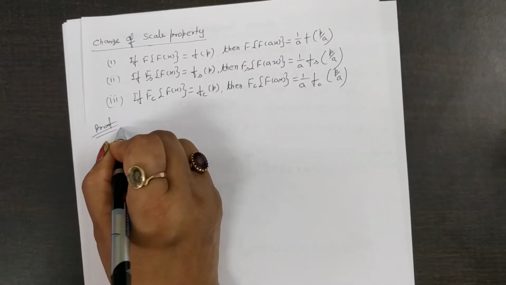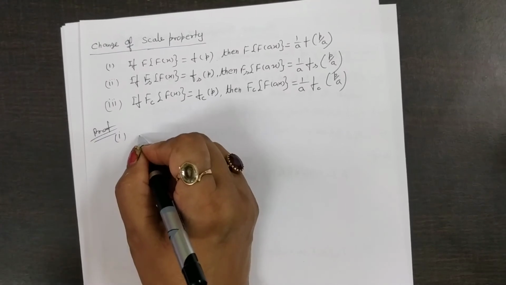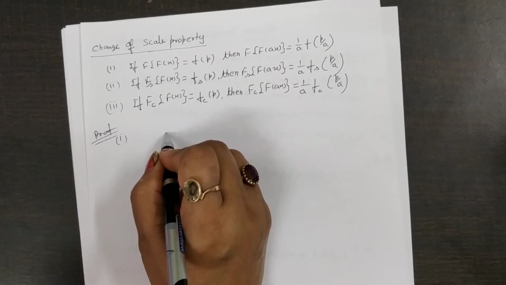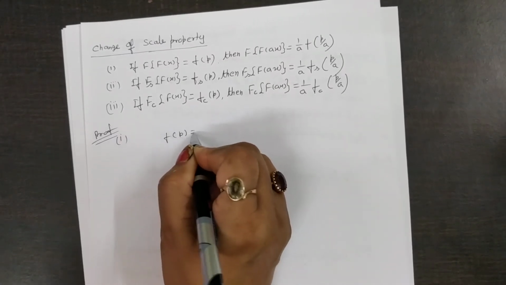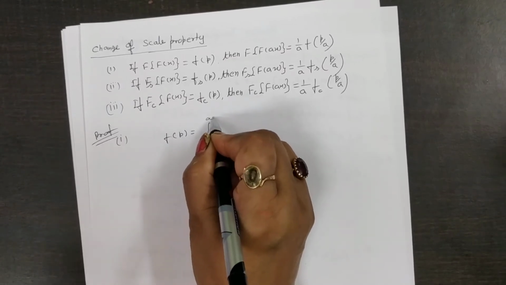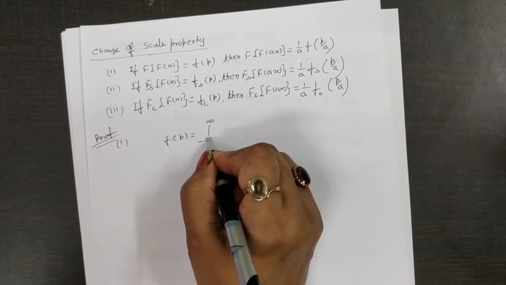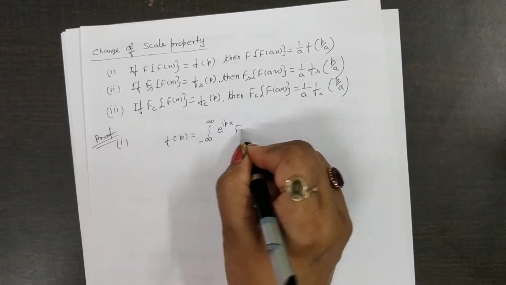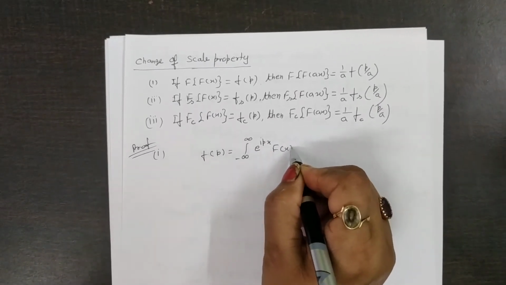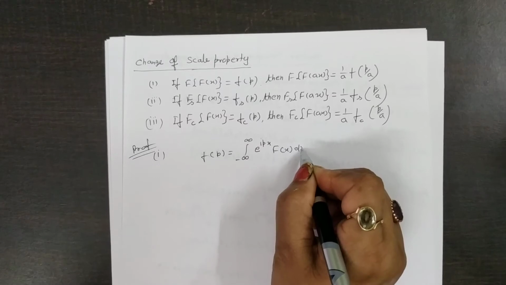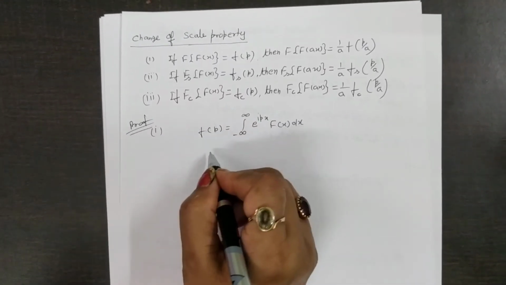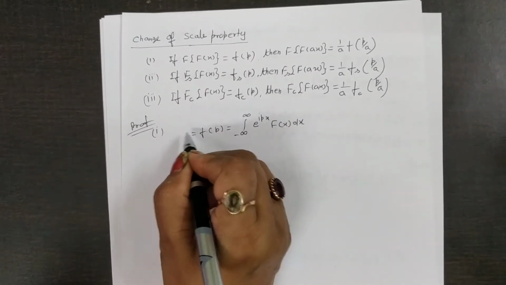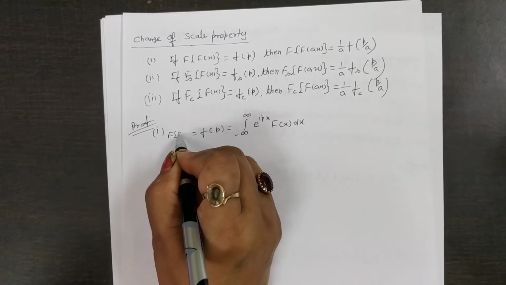For the Fourier transform, we know that F(p) is equal to the integral from minus infinity to infinity of e to the power ipx f(x) dx.